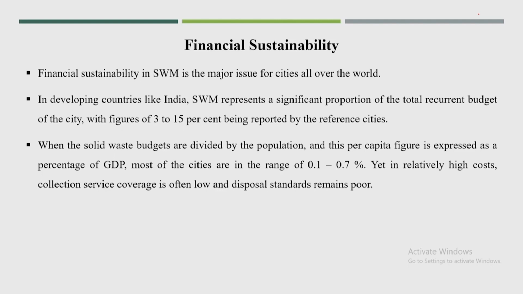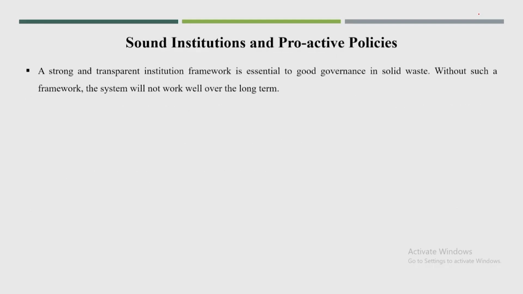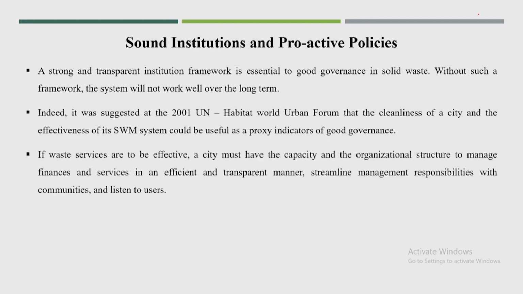Yet at relatively high cost, collection service coverage is often low and disposal standards remain poor. This is one problem with financial sustainability. So the essential first step is to establish current costs to serve as a baseline for comparing the cost of any proposed improvements to the waste management system. Similarly, sound institutions.